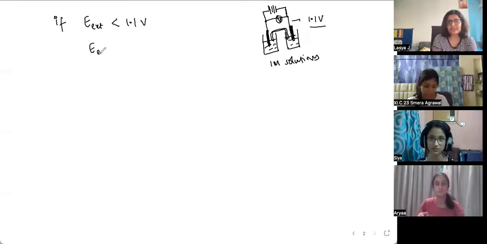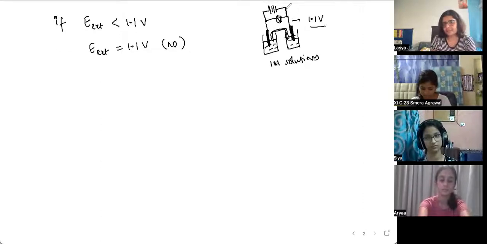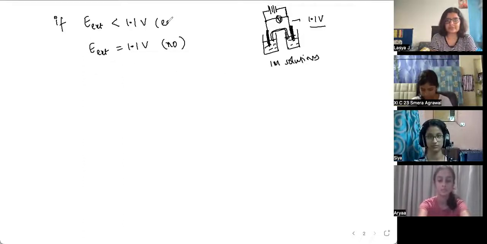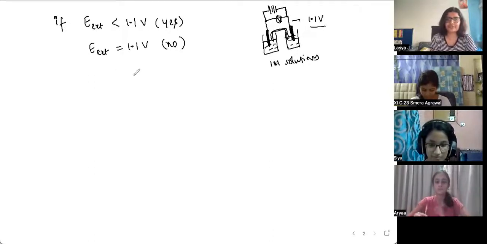If the external voltage applied is equal to 1.1 volts, then there's going to be no reaction, because whatever electrons are flowing, the external voltage is opposing it. So forward and backward will get cancelled.